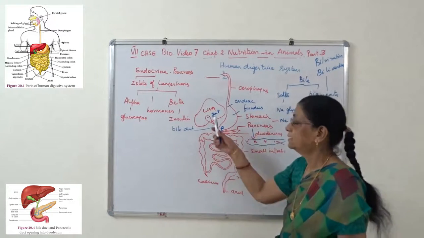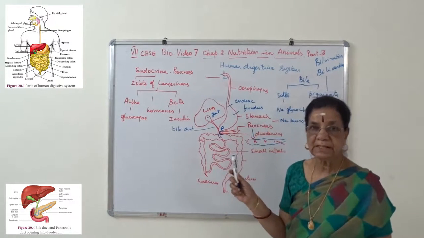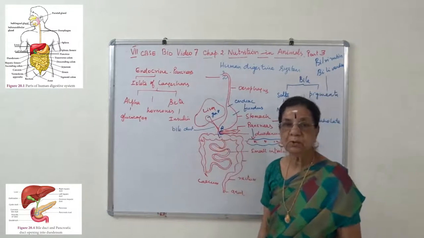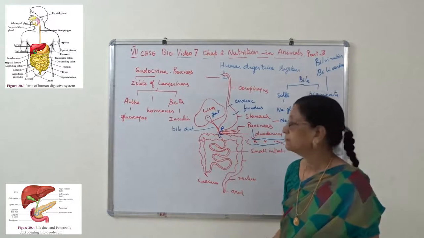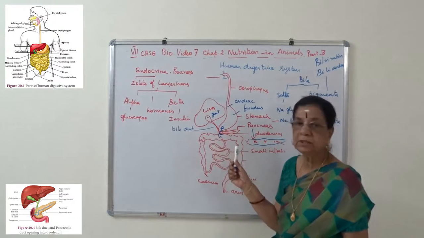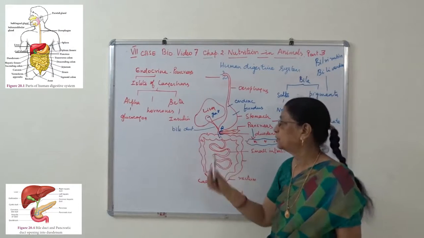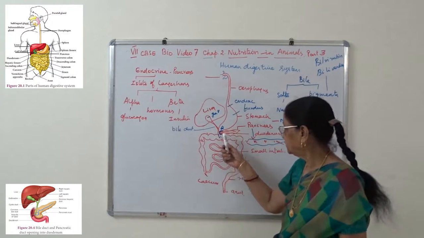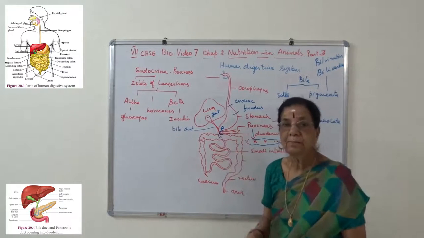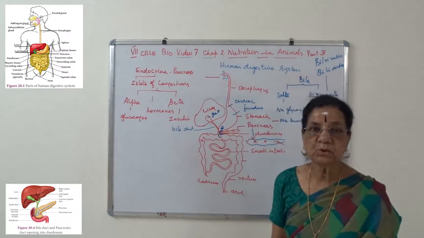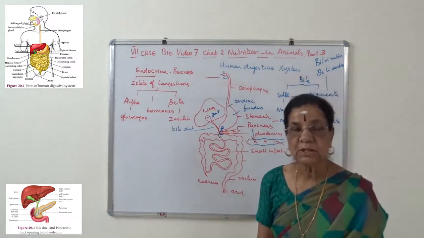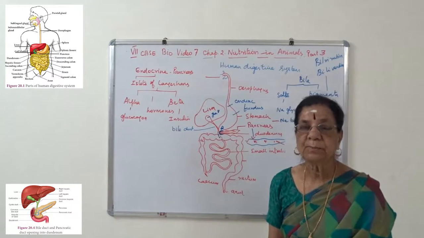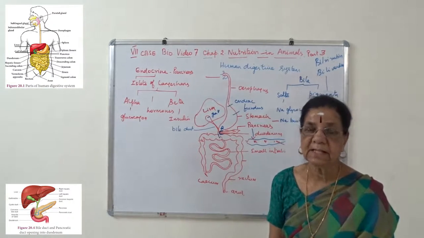I repeat, the liver secretes bile juice, which is temporarily stored in the gallbladder, and from there it is taken to the duodenum through the bile duct. This bile duct joins with the pancreatic duct, and both of them open into the duodenum as the hepatopancreatic duct.